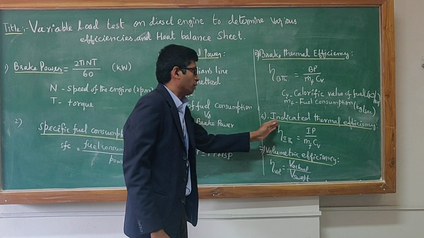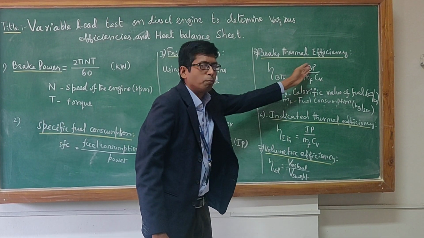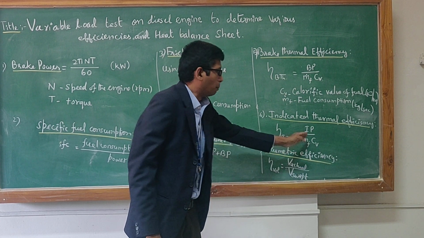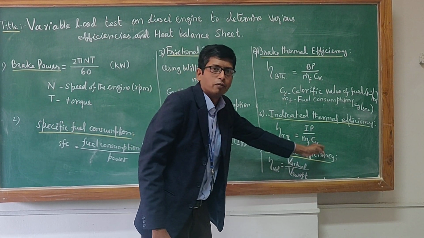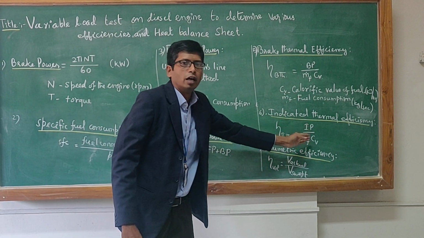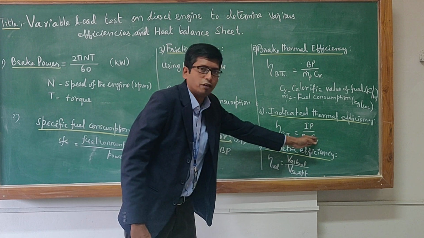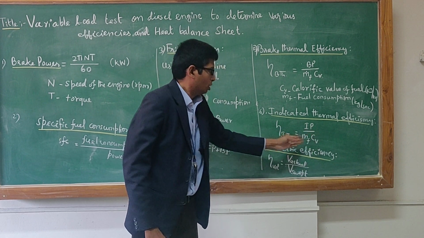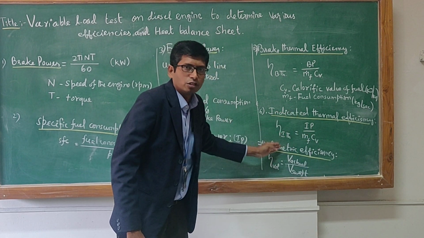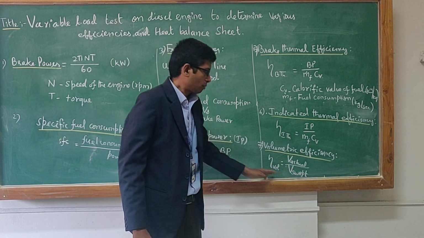Then we have the indicated thermal efficiency, where in place of BP we have the IP, that is IP upon mf into CV. We have already calculated the IP, and we substitute the value here along with the fuel consumption and the calorific value of the fuel. With that, the indicated thermal efficiency is calculated.